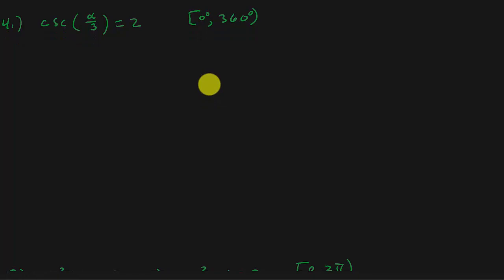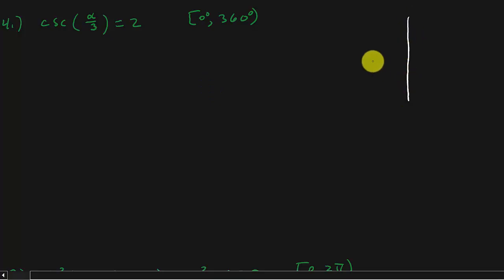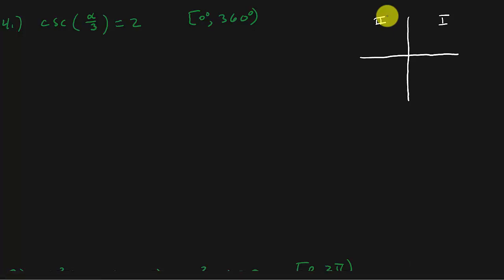All right, so we've got cosecant alpha over 3 equals 2. All right, so let's see what we've got here. So first we can determine our solution is in the first and second quadrant, because that's where cosecant is positive. Remember, cosecant and sine are positive in the same quadrants, first and second.